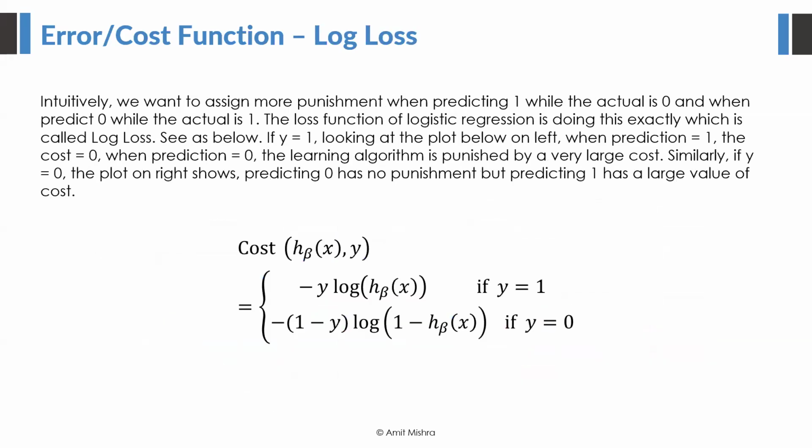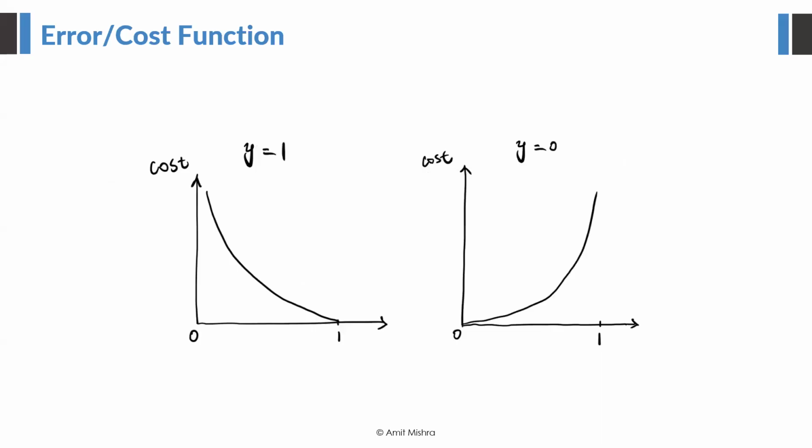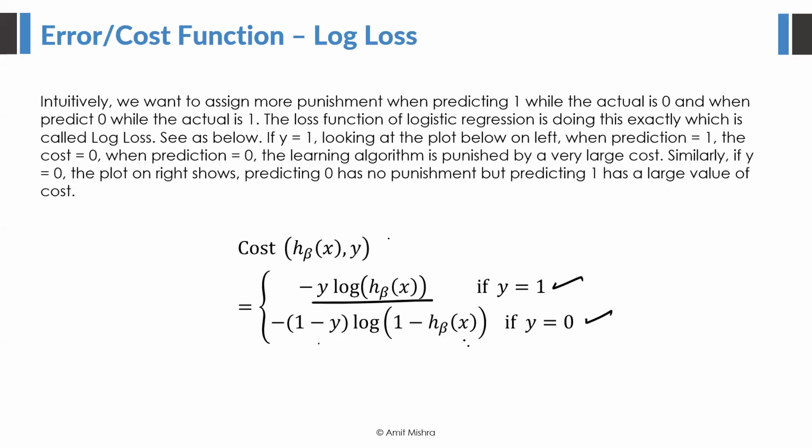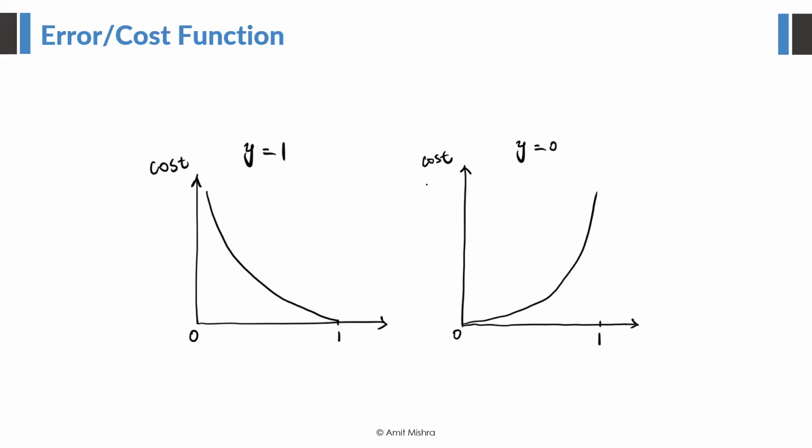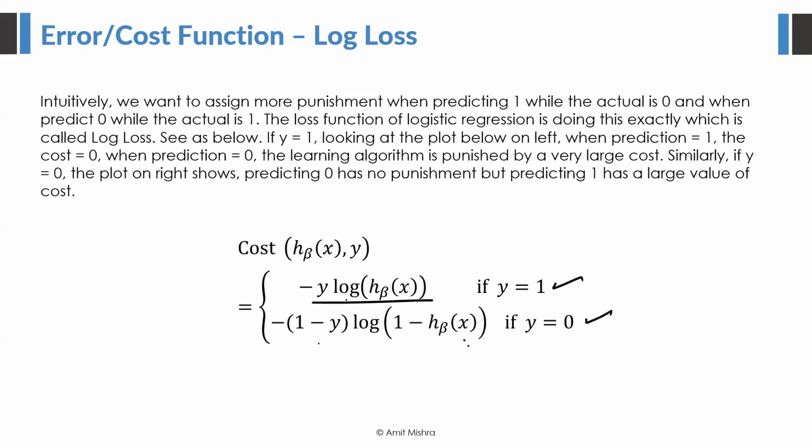Now we see that this is how it is represented: minus of y log of h of beta x. This is your error function. Now there are two equations here.